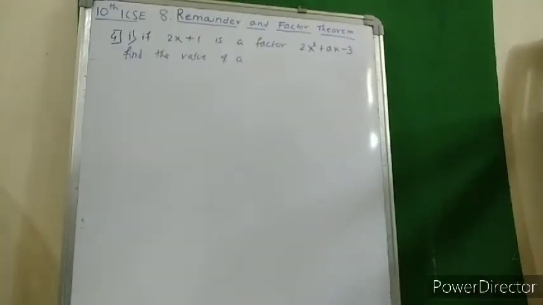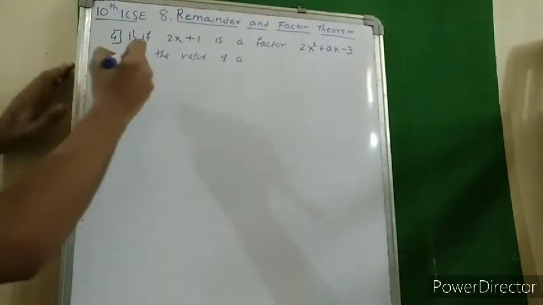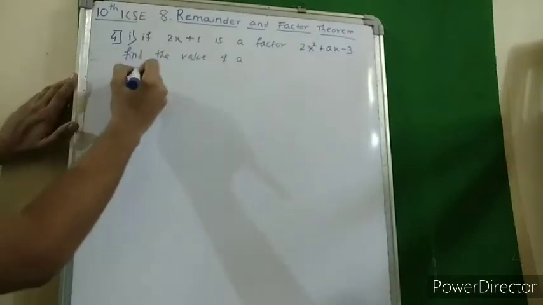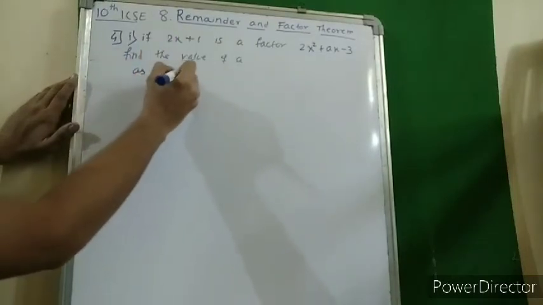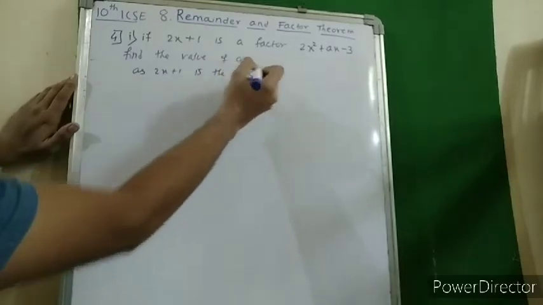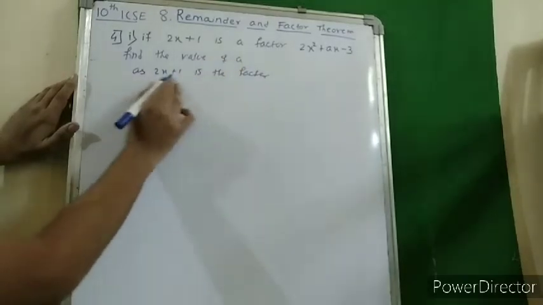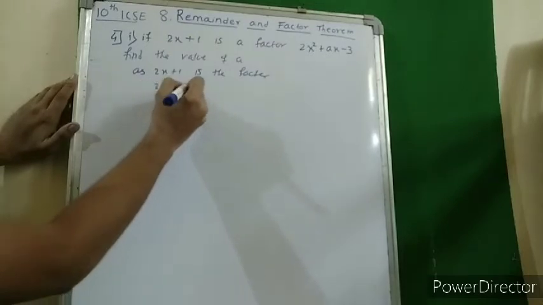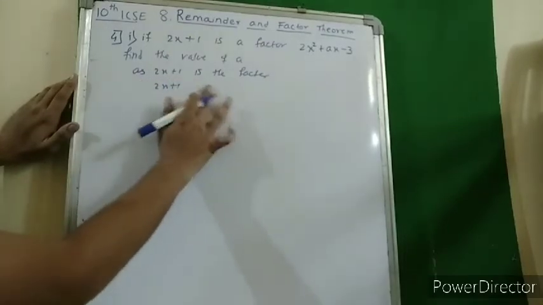Okay. In the fourth question we have two parts. The first part is, if 2x plus 1 is the factor of 2x square plus ax minus 3. So see, as 2x plus 1 is the factor, therefore 2x plus 1 is equal to 0.